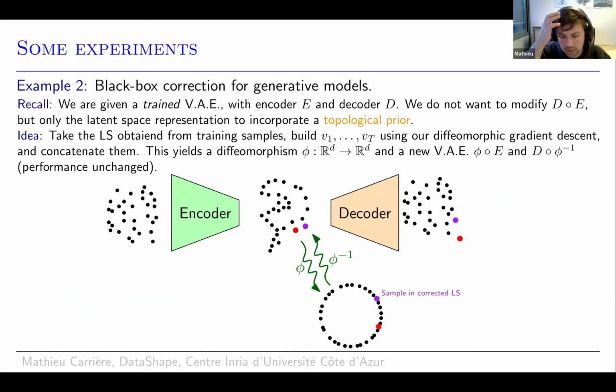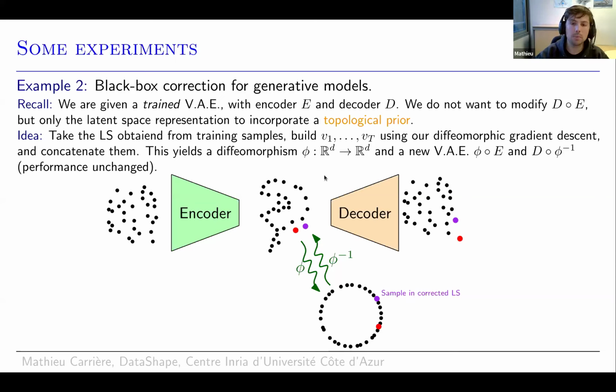Right, and then back to the decoder VAE example that I hinted at the beginning. So now you might guess why this topological optimization could be useful, because if I'm taking a trained variational autoencoder with some fixed black box encoder and decoder, I cannot touch its parameters, right? But still, given that now I have a flow, a sequence of diffeomorphisms, I can still apply it on the latent space.